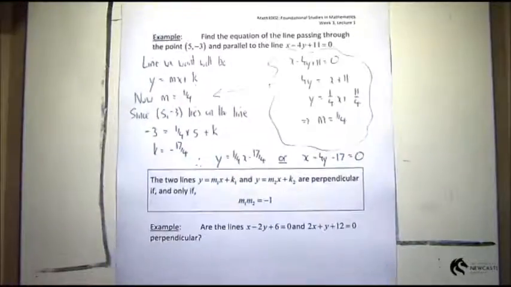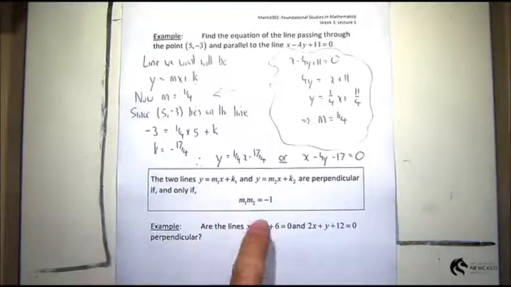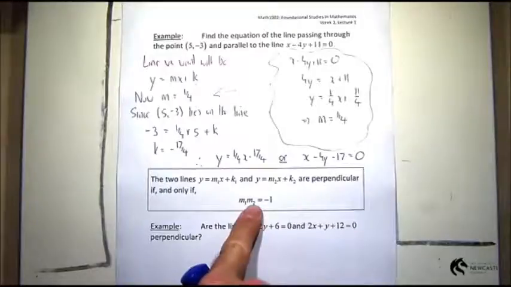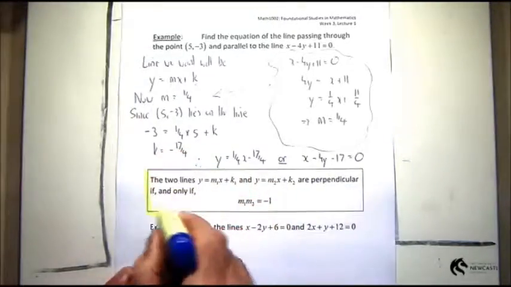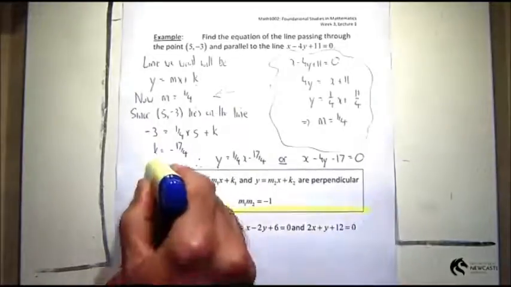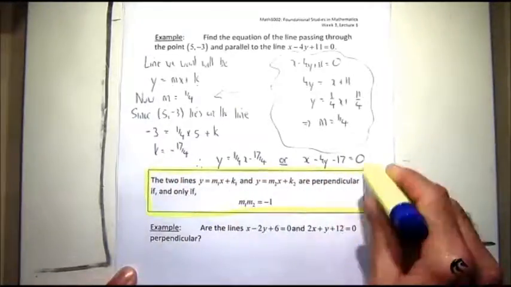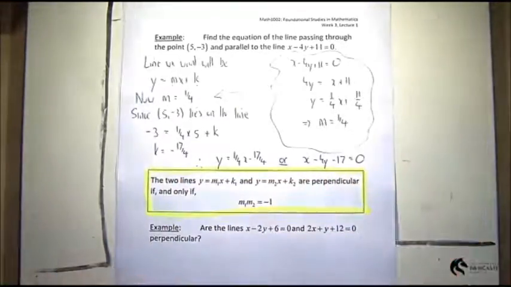Okay. So that's parallel lines. There's also a nice result for lines that are at right angles to each other, that are perpendicular. And it says if two lines are perpendicular, then their slopes multiply together to give minus 1. And that comes in handy as well.